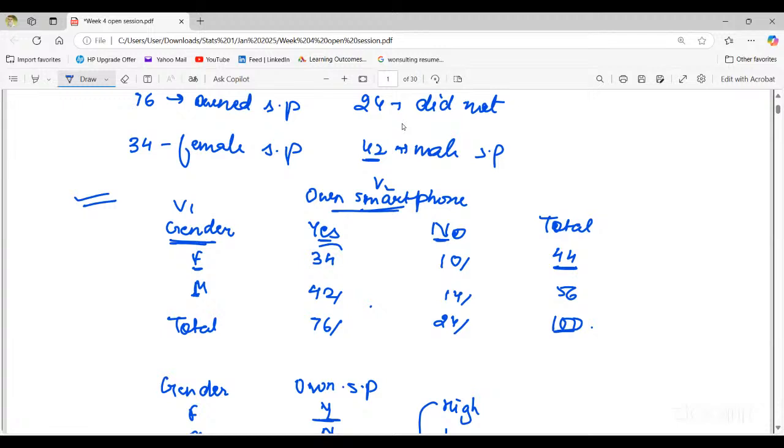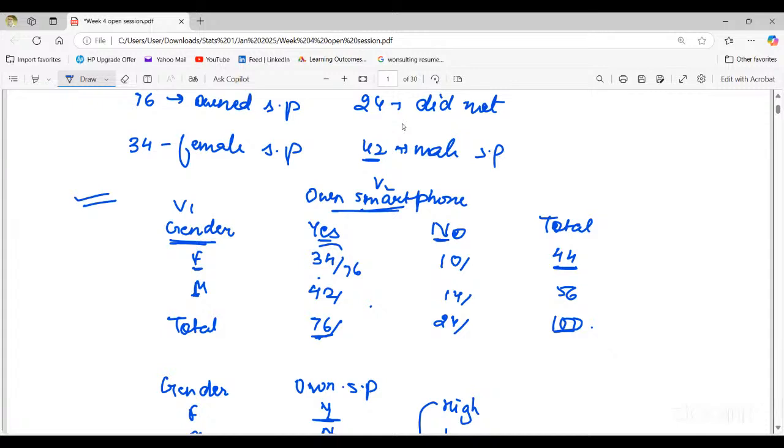The question is, what proportion of smartphone owners are female? It would be 34 upon 76. So this is the proportion of smartphone owners who are female, correct? We are dividing the cell frequency in a column by its column total. Is it fine?